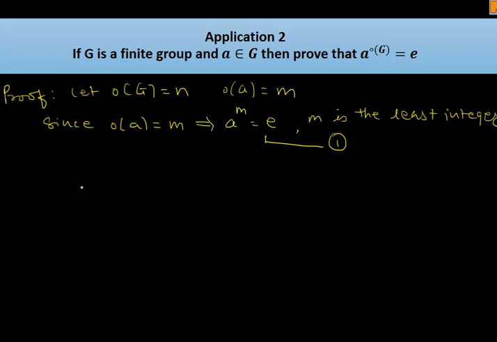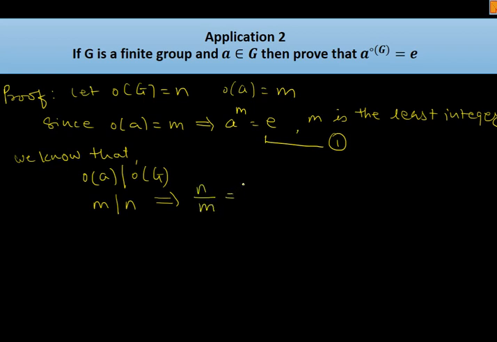Now from application 1 we know that the order of any element of G divides the order of G. That means m divides n. This implies n divided by m is equal to some positive integer, denoted by k. Therefore, n is equal to m times k. Let me call this equation number 2.